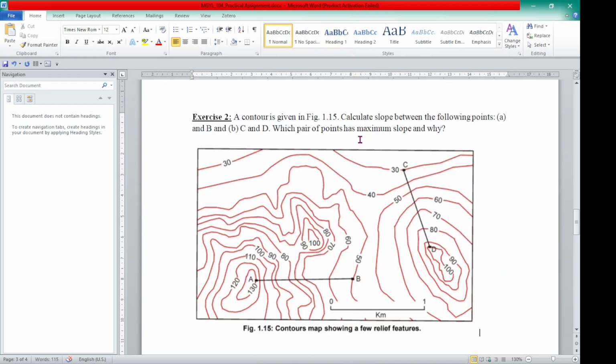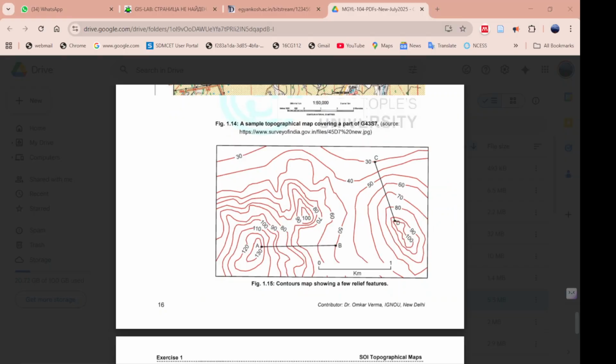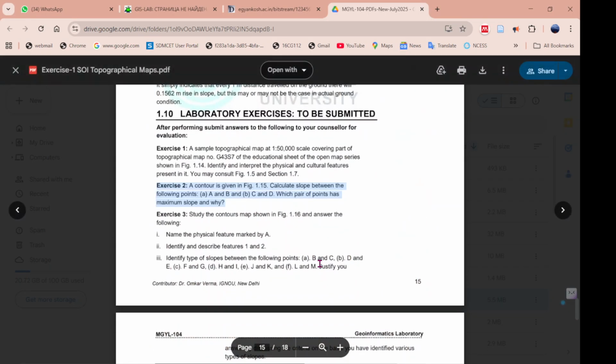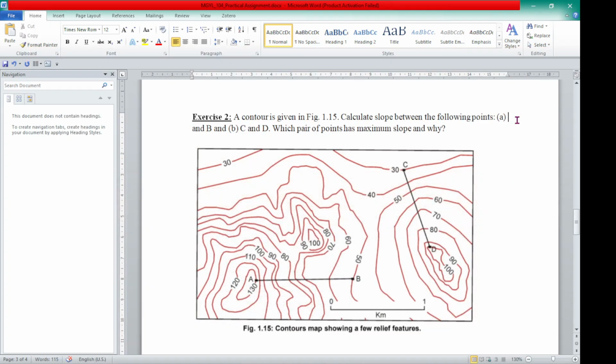So we have been asked to calculate the slope between the points, that is point A and B and C and D. This is 1 kilometer.